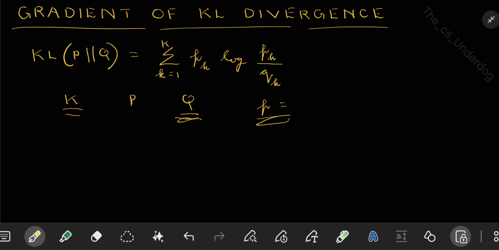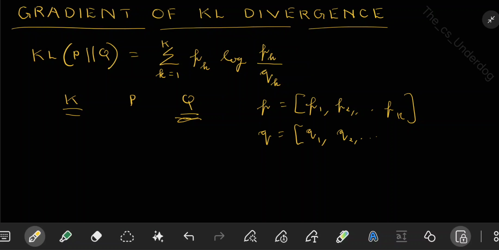That is what the p vector is used for. It will have p1, p2 up to pK. This will tell you what the true label is. And what about q? Q is what is predicted by the model. This is the predicted label. So this comes from distribution Q, which is built by the model. Q is the predicted distribution by the model. Okay, so this is the setup.